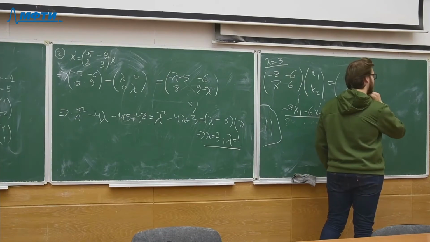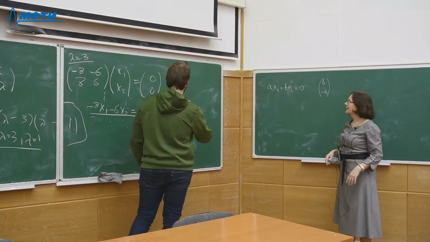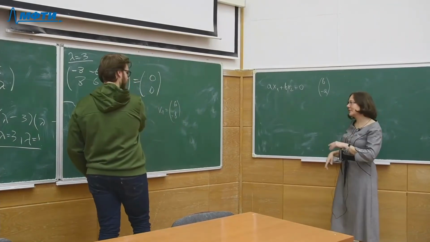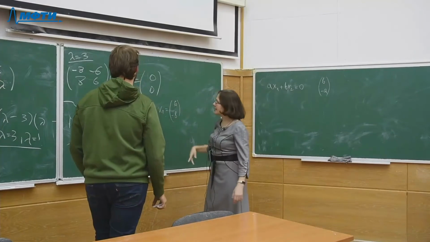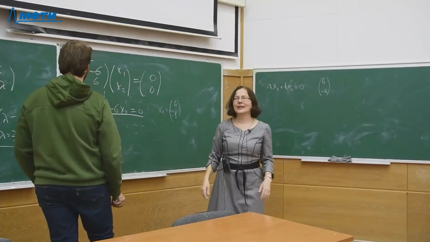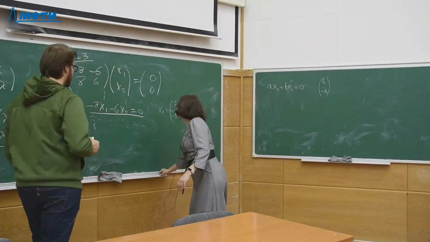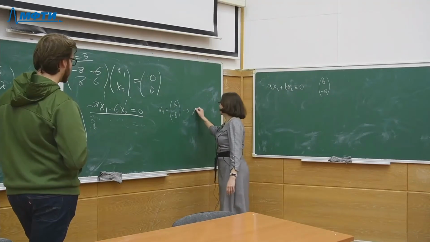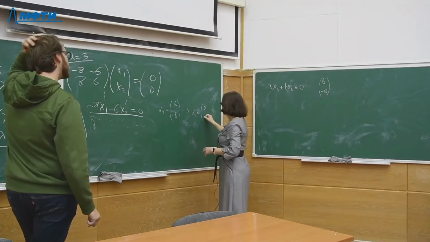So this equation is satisfied by this vector. You may check: if you multiply minus 8 by 6, it works. You may replace this vector by 3 and negative 4, for example.